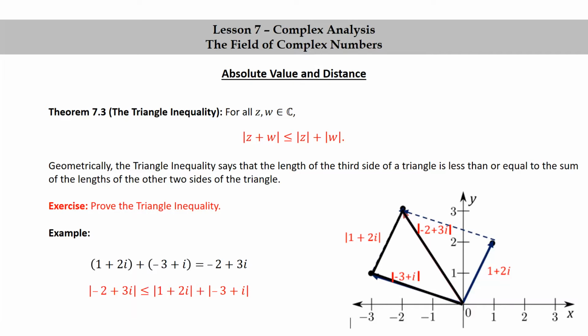So by the triangle inequality, the absolute value of -2 plus 3i is less than or equal to the absolute value of 1 plus 2i plus the absolute value of -3 plus i. Evaluating those, we see that the square root of 13 is less than or equal to the square root of 5 plus the square root of 10.